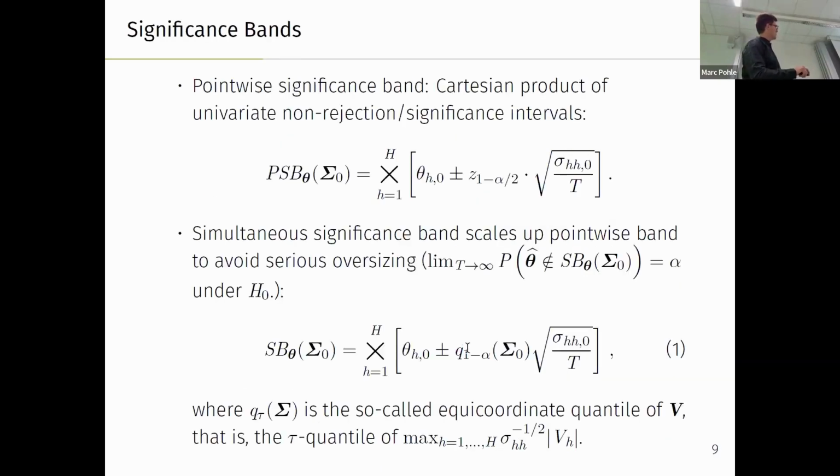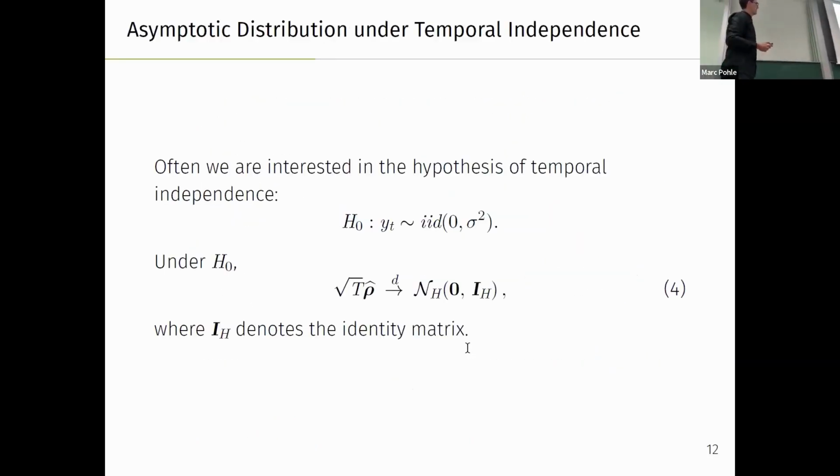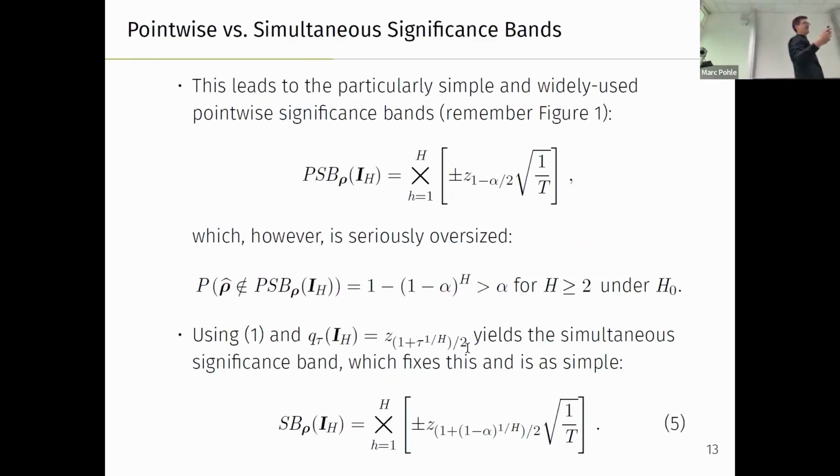simultaneous significance bands, the general one from here, when we plug in the identity matrix for the equivalent quantile, this gets very simple, because we get yet another standard normal quantile, different from the Bonferroni quantile.